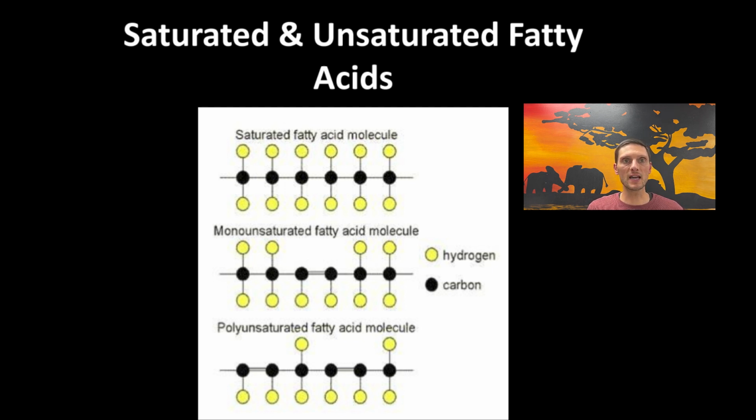And when we say that it's saturated, that means that it's fully saturated with hydrogen atoms. So the carbon has all single bonds to those hydrogens. Unsaturated results from a double bond between the carbon atoms, and so this removes some of the bonds that are available to form with hydrogens, and thus it removes 2 hydrogen atoms. And so the carbon atom is still making 4 bonds, but 2 of those are to a carbon, and then the other 2 are a hydrogen and a carbon as well.